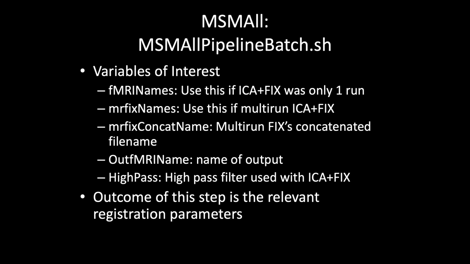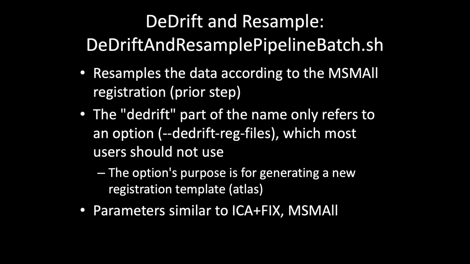What it will do is output the appropriate registration values, so that the next step is taking those parameters that you've identified and applying the resampling to your data. Just as we did early on with the volumetric step where you figure out the transform and then apply it, it does the same thing here.